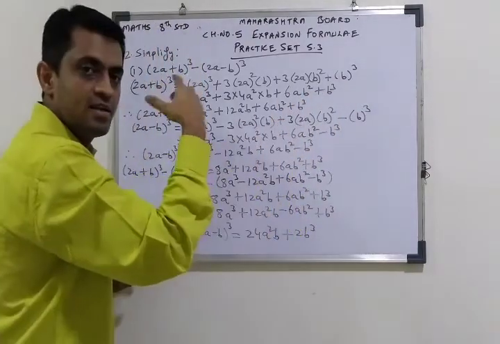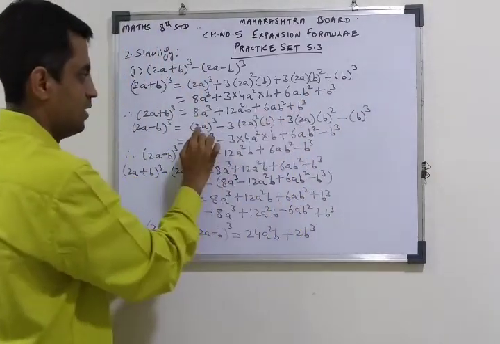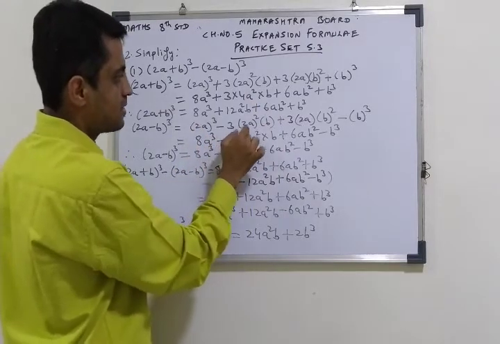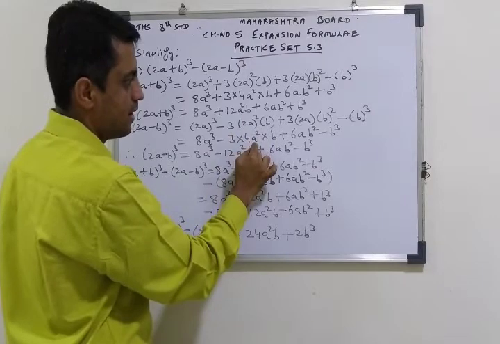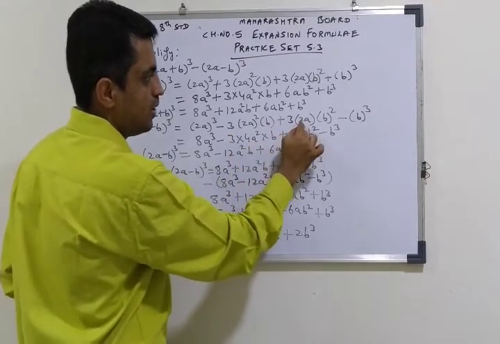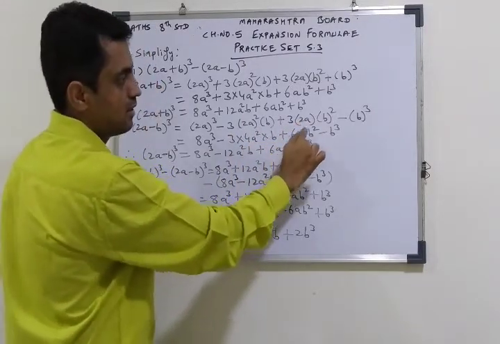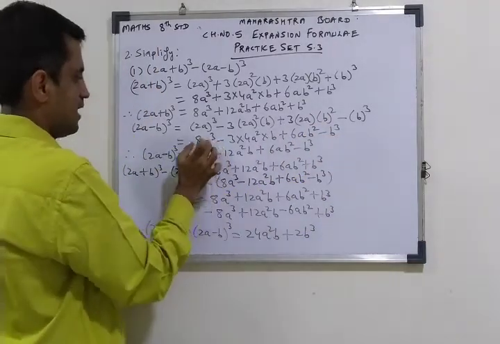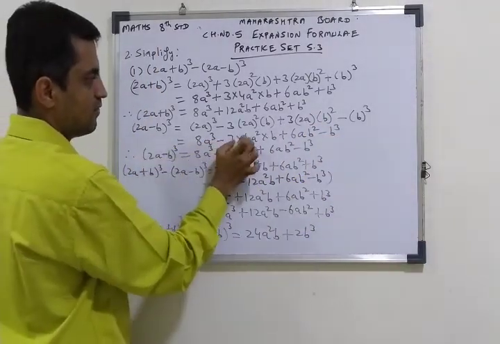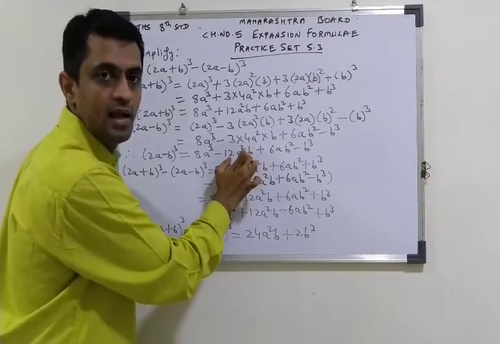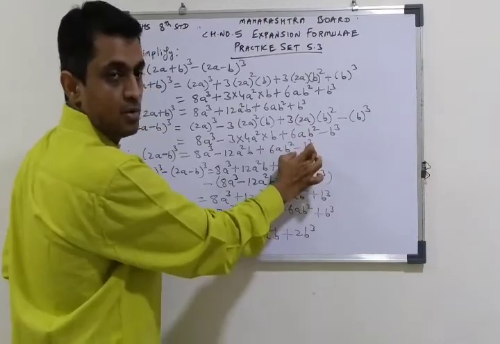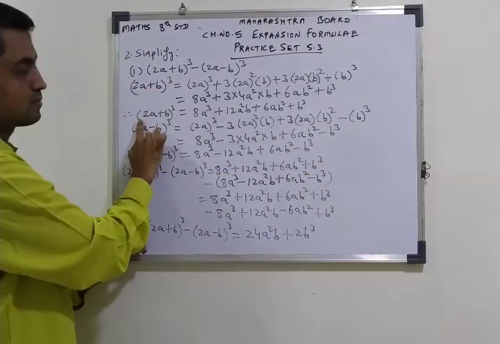So we are reciting the formula and writing the value. 2 cube is 8a cube minus 3, 2 2s are 4a square into b, 3 2s are 6, a, b square is b minus b cube. After this we are writing as it is, 4 3s are 12, 12a square b, and minus b cube. So we got the value here.